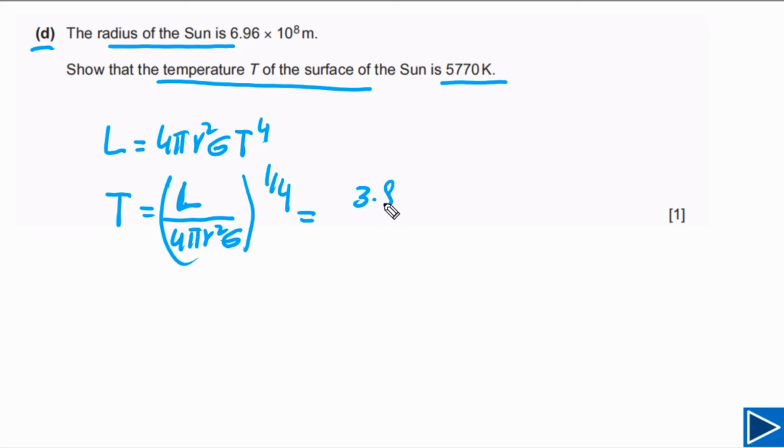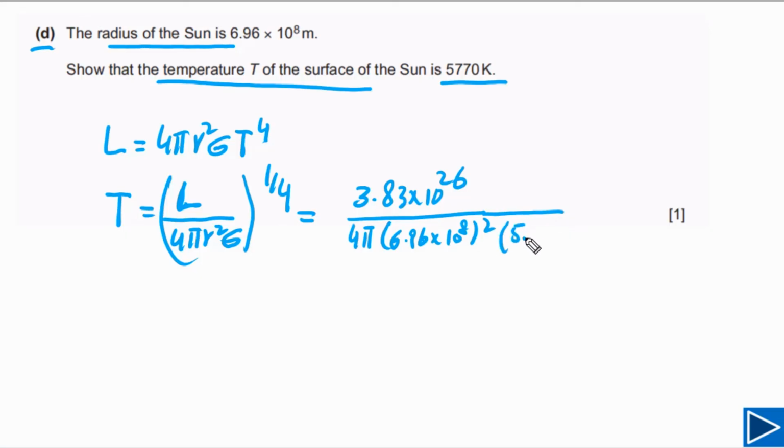Luminosity was given, that was 3.83 times 10 to the 26 watts. We have to divide by 4 pi times r squared. Radius is given, that is 6.96 times 10 to the 8 meters, squared, and sigma is the Stefan-Boltzmann constant. The value of sigma is 5.67 times 10 to the negative 8.